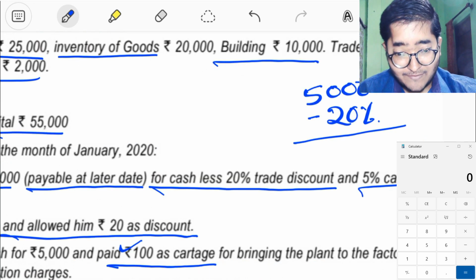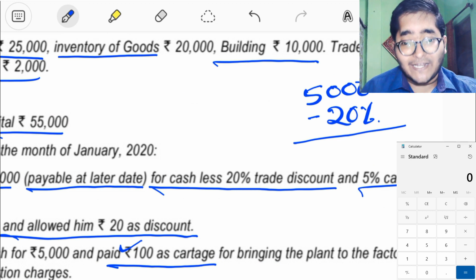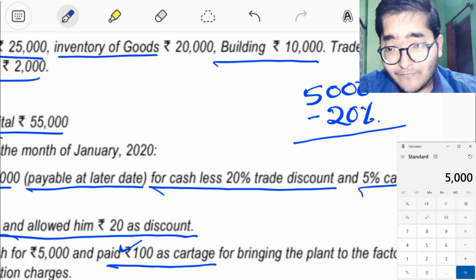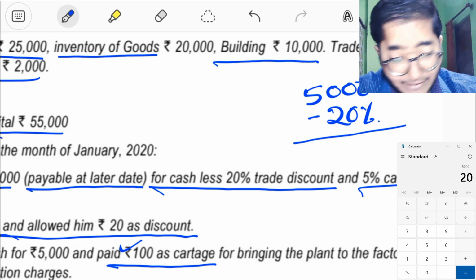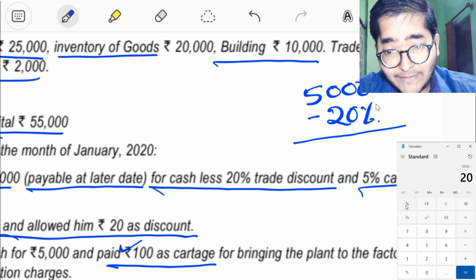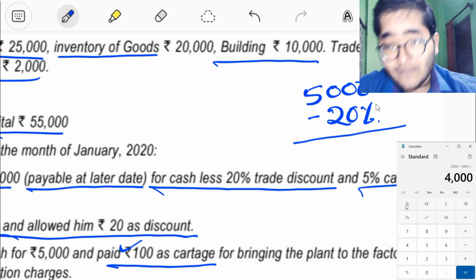So yes, we are back. We had some technical problems. 5,000 minus 20% trade discount. The 20% trade discount would be 4,000.